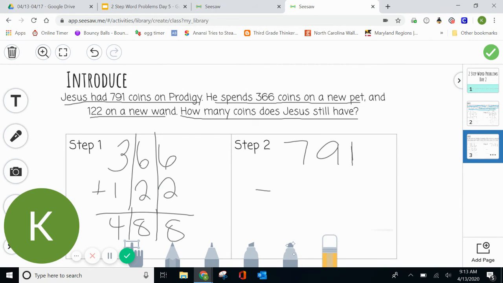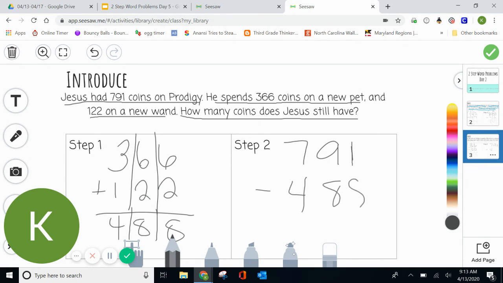So just like if I'm going to the store, I know if I spend 488 coins, I don't have that anymore. So I need to take it away from my total, which is why I'm subtracting in step 2. 791 minus 488 should give me the total amount of coins Jesus has now.